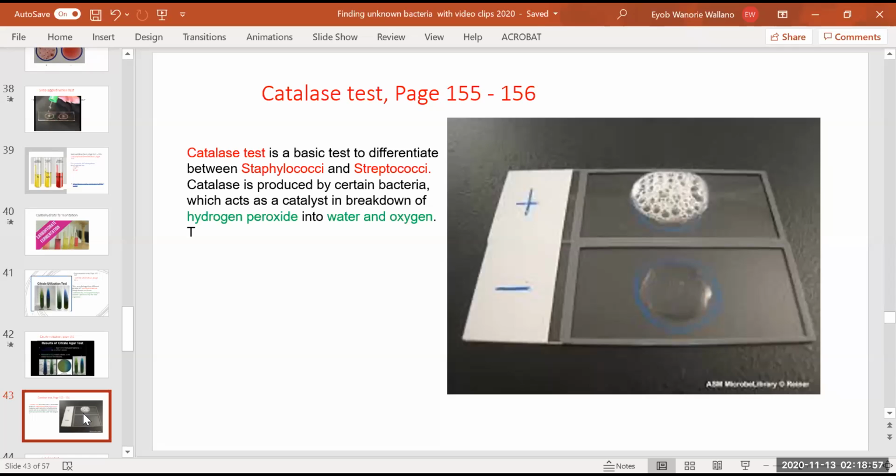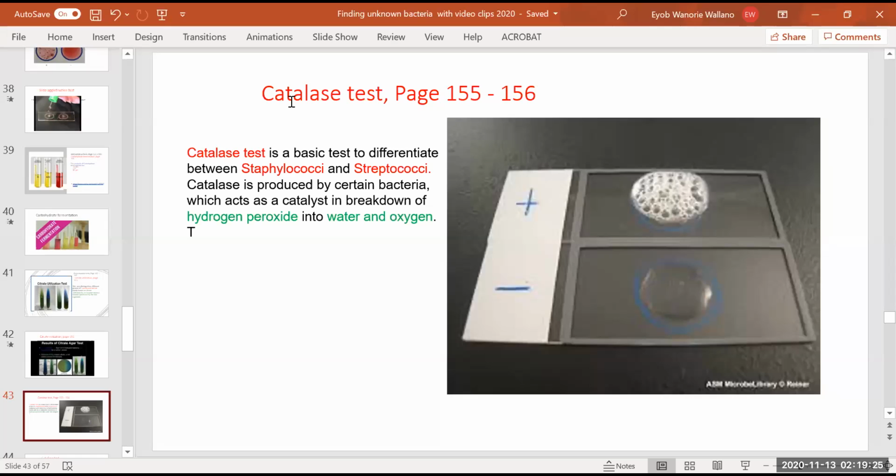And then the second one is catalase. With catalase, you differentiate the bacteria staphylococcus and streptococcus. Staphylococcus has this enzyme.